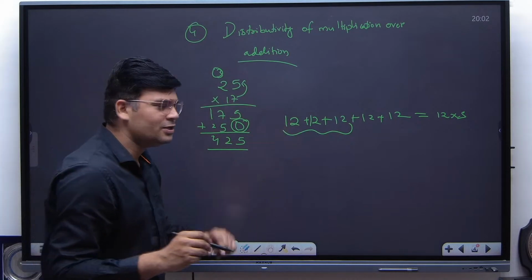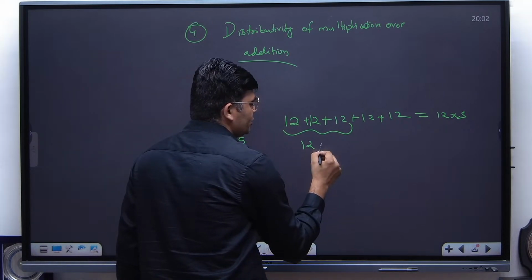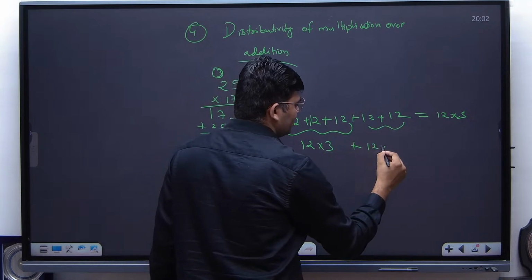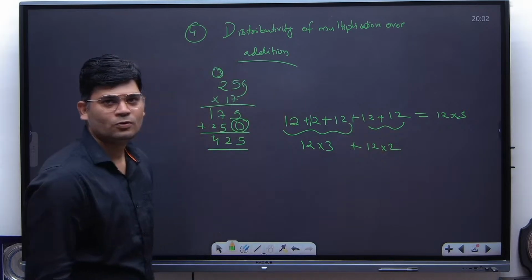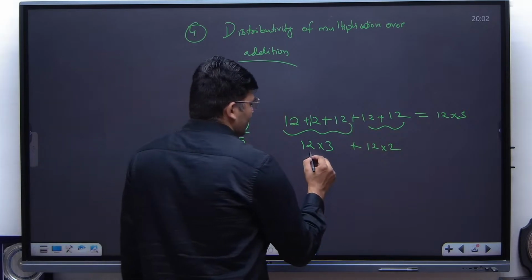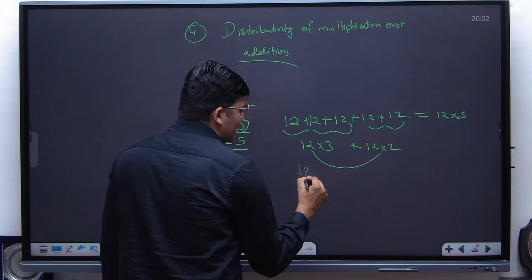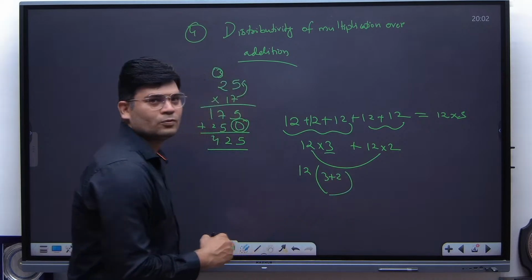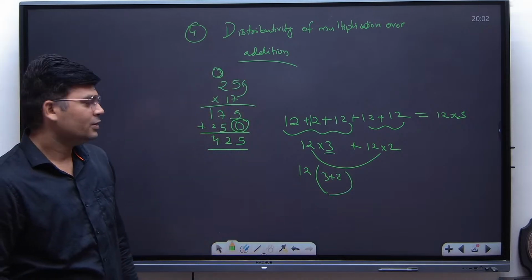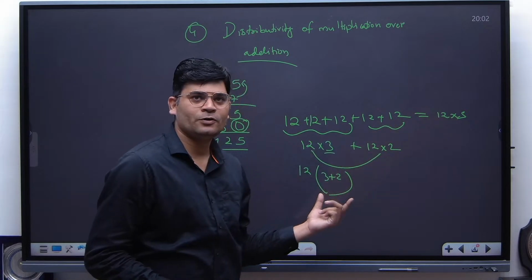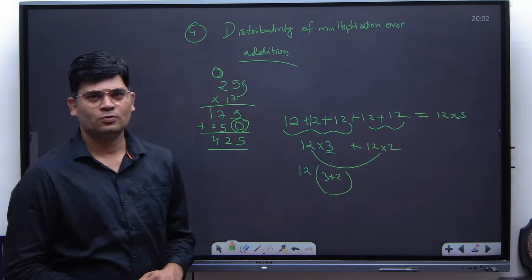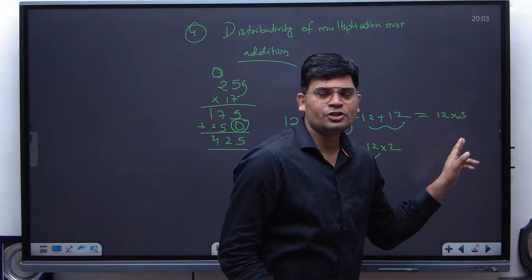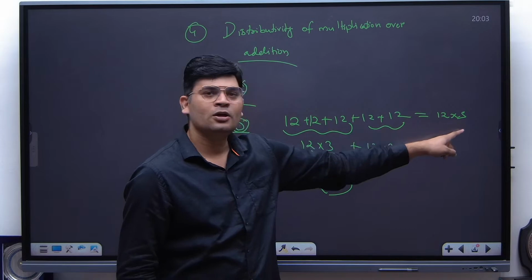If I take these three numbers together, it will be written as 12 into 3, plus if I take these two together, it will be written as 12 into 2. Now in these two terms I can take 12 as common, and in bracket I will write 3 plus 2. That means I have split 5 into 3 plus 2. So I have distributed the multiplication: distributivity of multiplication over addition.